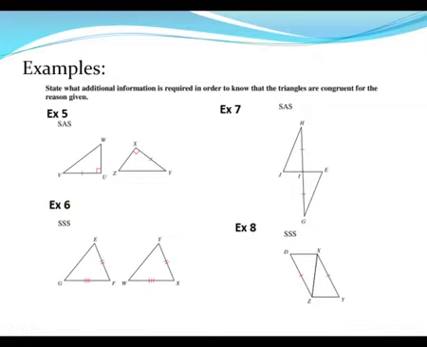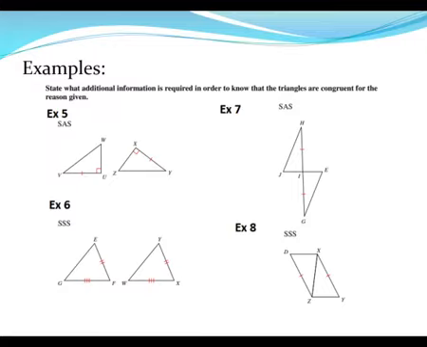We are now going to be incorporating the SSS and SAS postulate just a slightly different way. The directions say to state what additional information is required in order to know that the triangles are congruent for the reason given. So we're going to state everything that we already know is congruent in the picture.